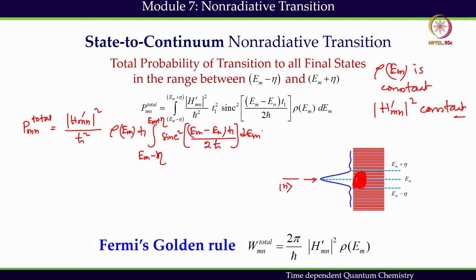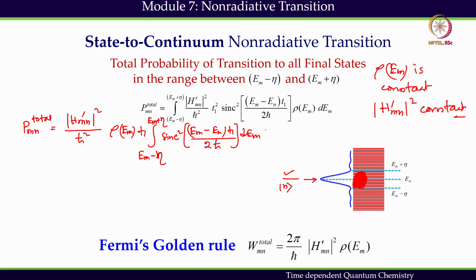So, just an integration between these two. And we have already understood that non-radiative transition may occur from an initial state n to those final states whose energy Em is located within this energy bandwidth. That is exactly what we have already understood.